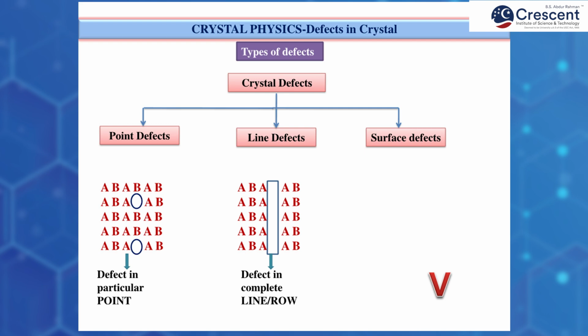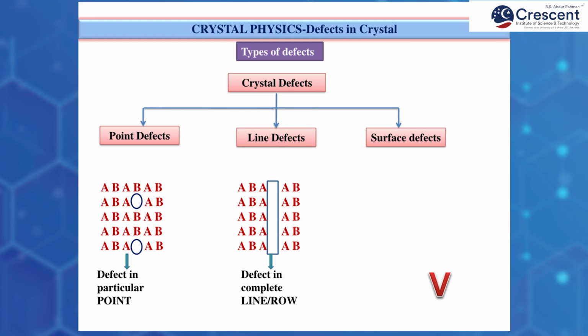You see the various types of defects. Point imperfections: vacancy is a point imperfection. Within that we have Frenkel and Schottky defects, and then interstitial defects, self-interstitial or foreign impurity atoms or doping.